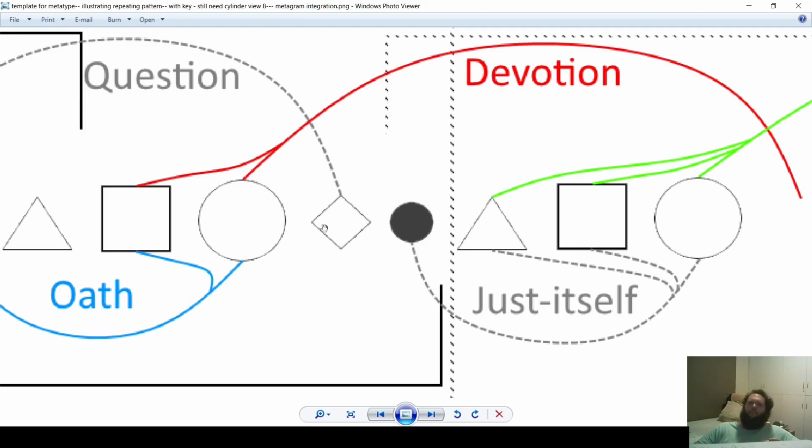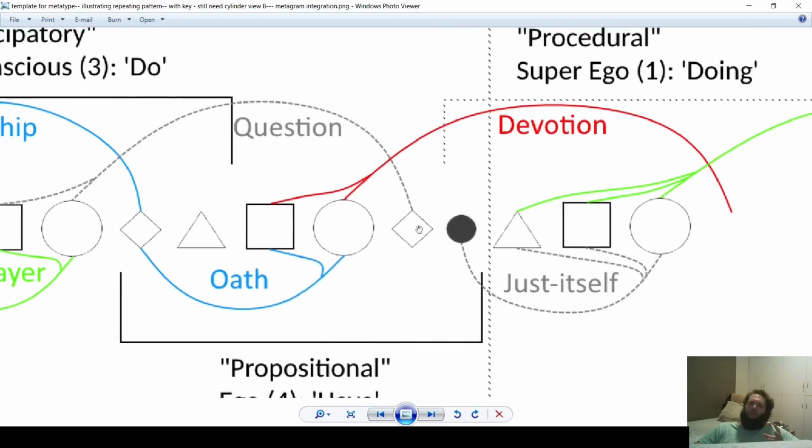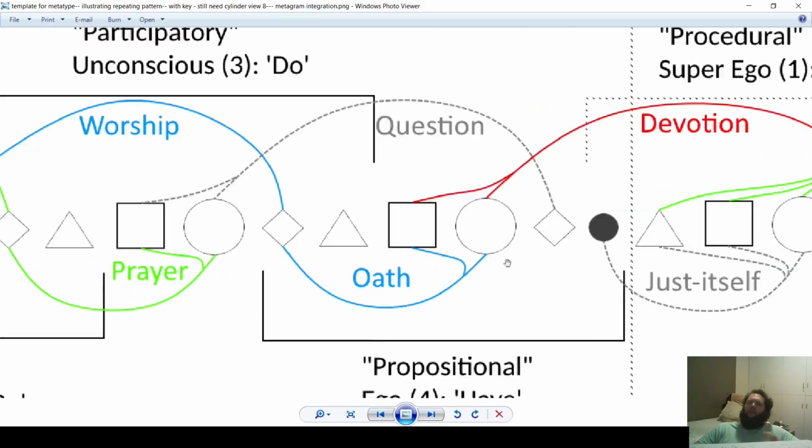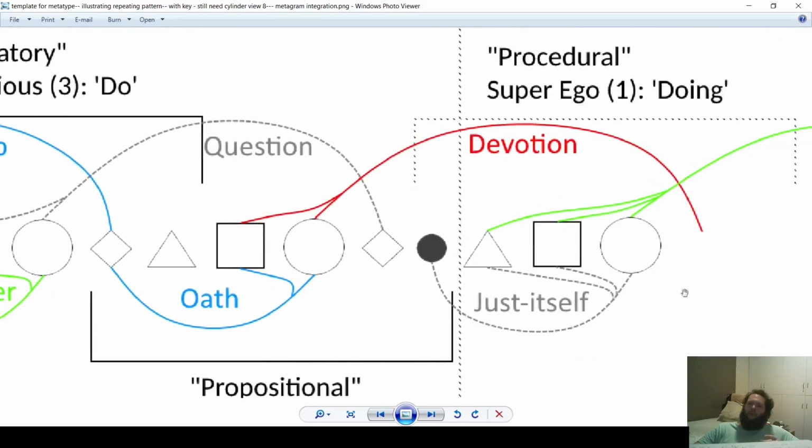So this is the position, I think, of this inferior function. And you really have to want to take the responsibility for all these things. And in some sense, it's not a mockery, because the superego is part of you.